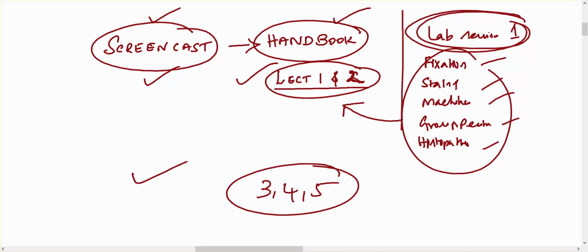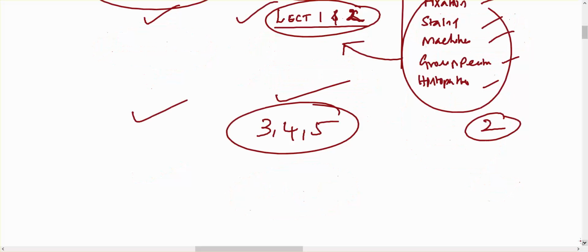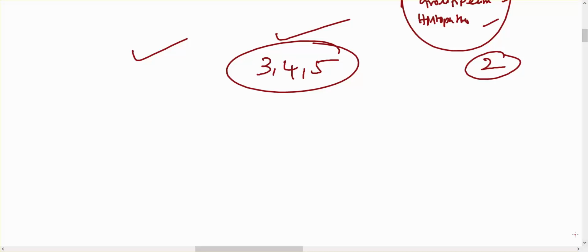See the screencast, then read the handbook, then go to laboratory session part 2. Then go to the specimens, clinical images and histopathology slides discussed related to acute and chronic inflammation and tissue repair.